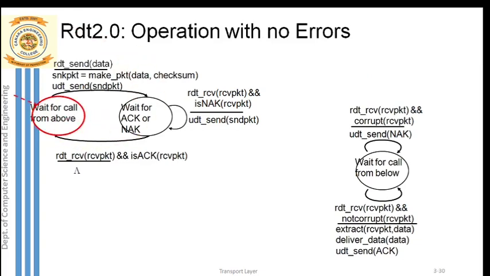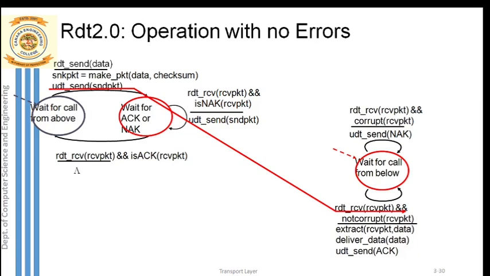I hope this concept is clear. You can just see the operation here. Wait for the call, and then you can see wait for the call from below. This is how the operation takes place. First the sender side is waiting for the message to arrive. You can see the data has just arrived at the sender side, and once the data arrives, it will be sent to the receiver.